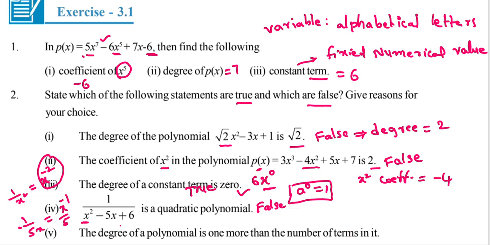Now look at: degree of a polynomial is one more than the number of terms. The number of terms has no relation with the degree.